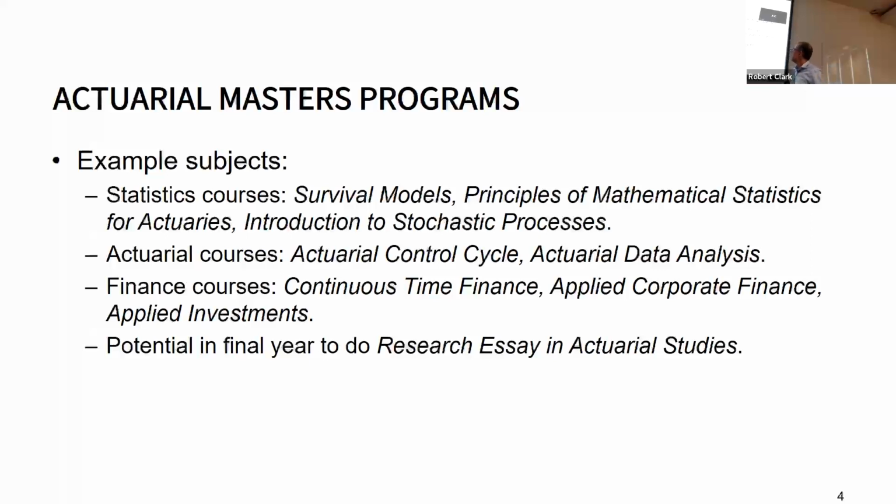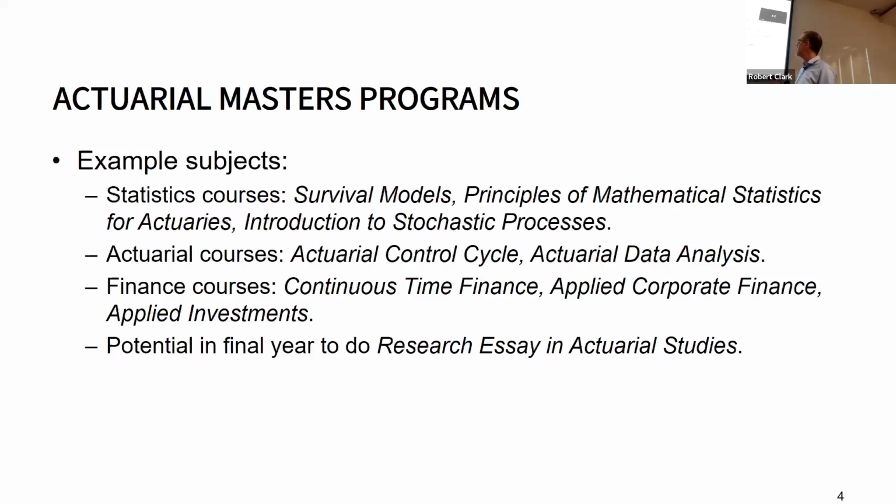The sorts of things that you study in an Actuarial Master's program, you do quite a lot of statistics. So I'd say probably more than half the degree is stat-coded courses. So these include subjects like survival analysis, principles of mathematical statistics for actuaries, regression for actuaries, and introduction to stochastic processes. You'll also do a smaller number of actuarial courses.